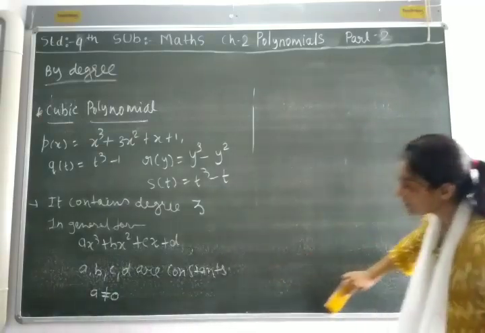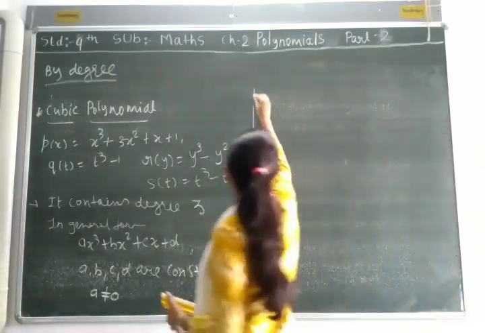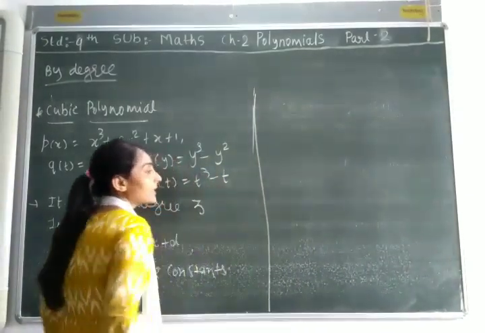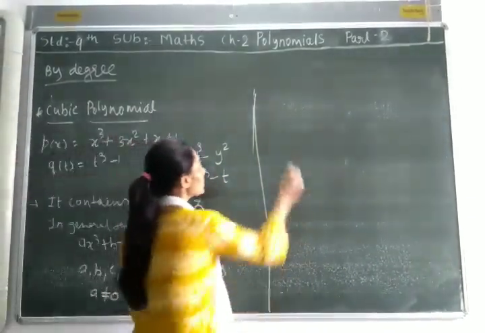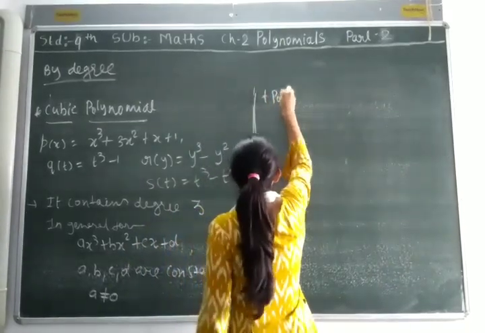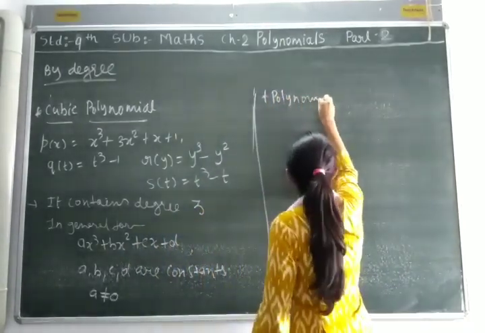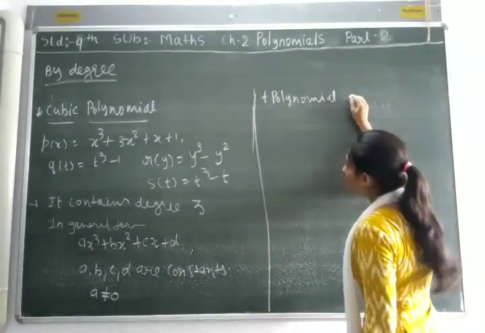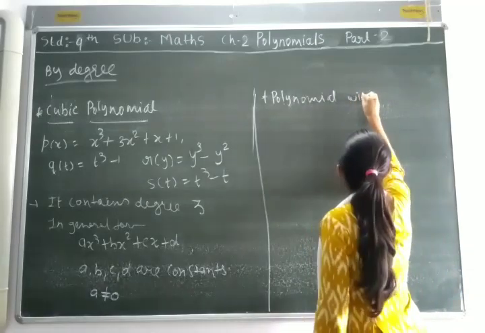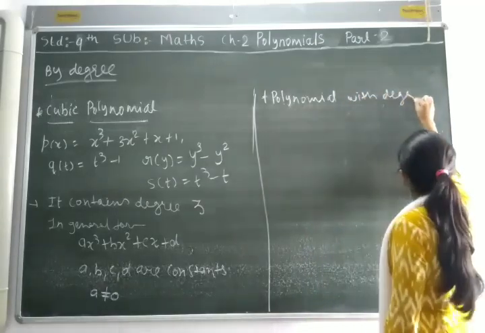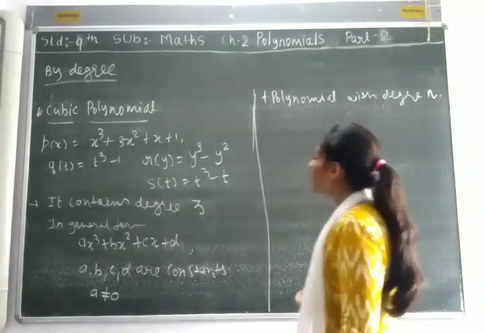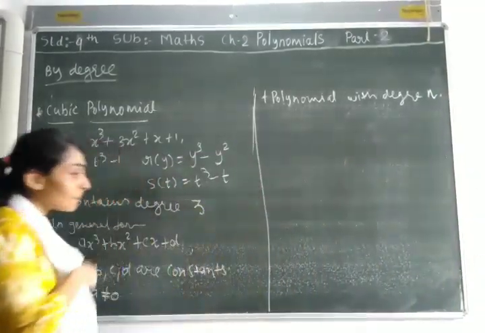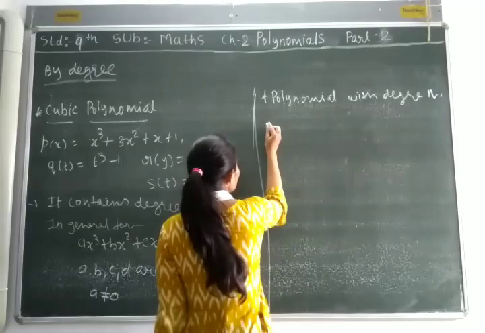Now, what about a polynomial whose degree is n? So in general, a polynomial with degree n. How can we write this one in its general form?